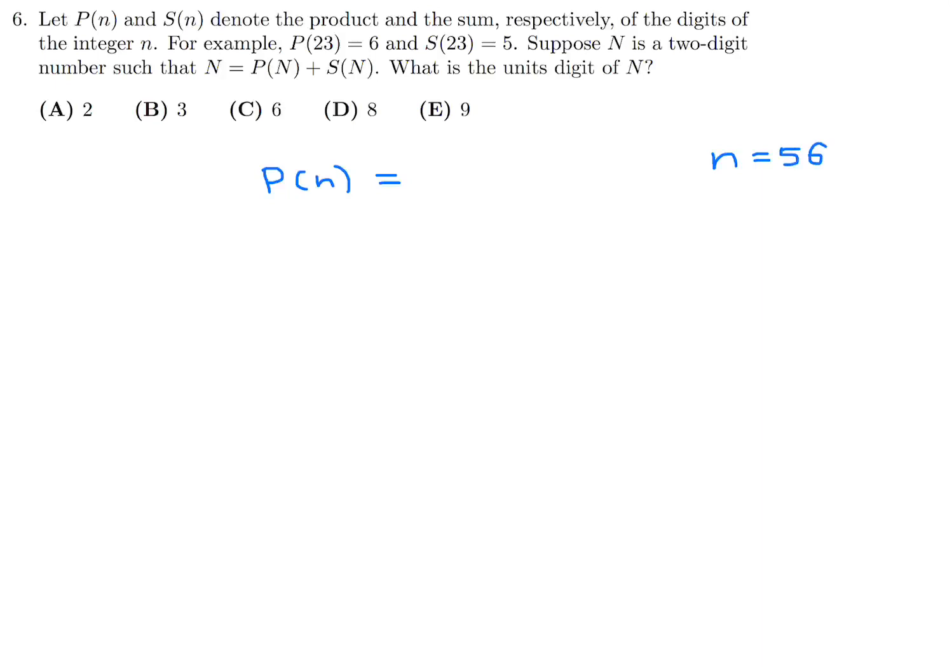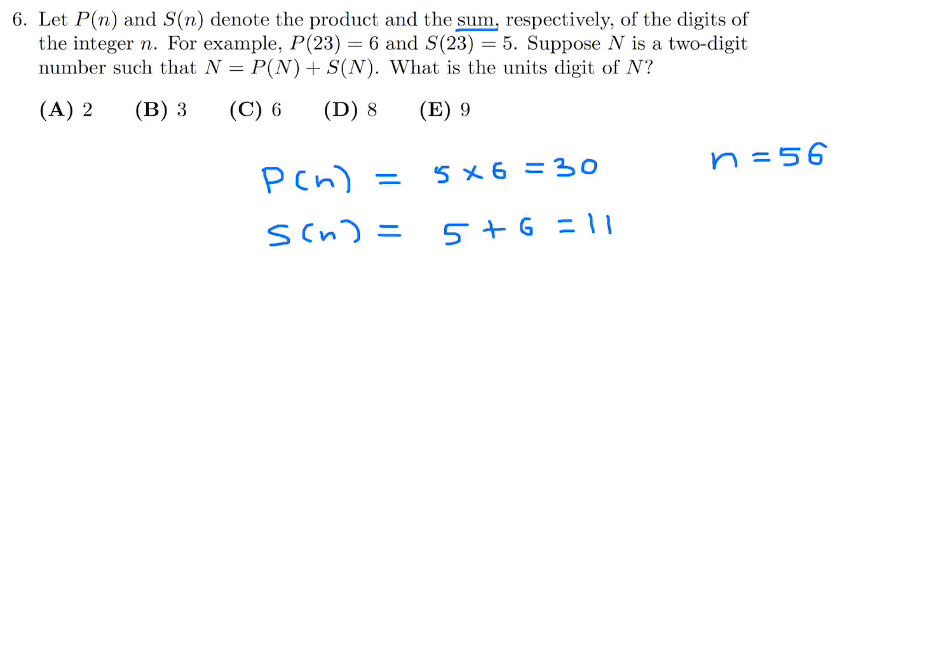Then the product of the digits would be 5 times 6, which is 30. All right? What about Sn? For 56, Sn is the sum of the digits. So in our case, that would be 5 plus 6, which is 11. So that's what Sn and Pn are.